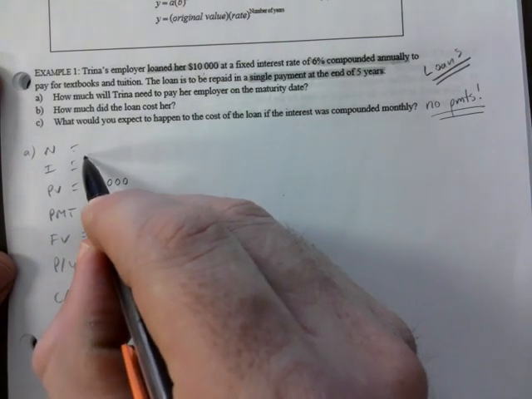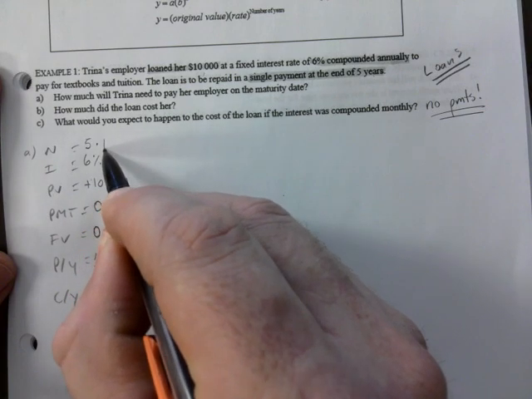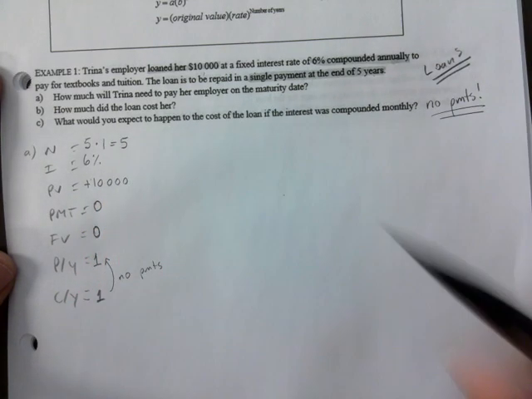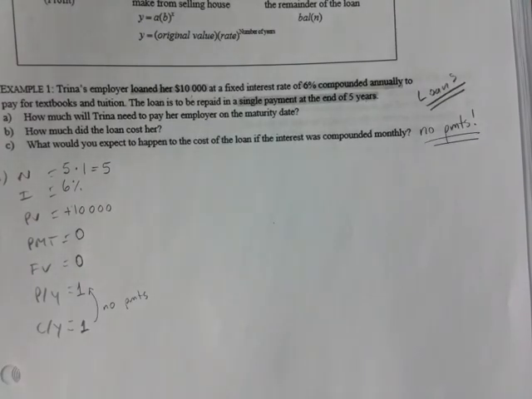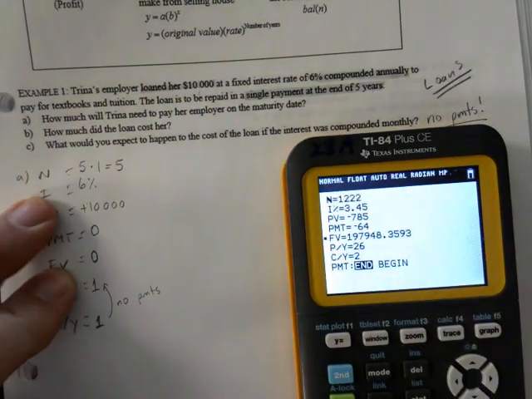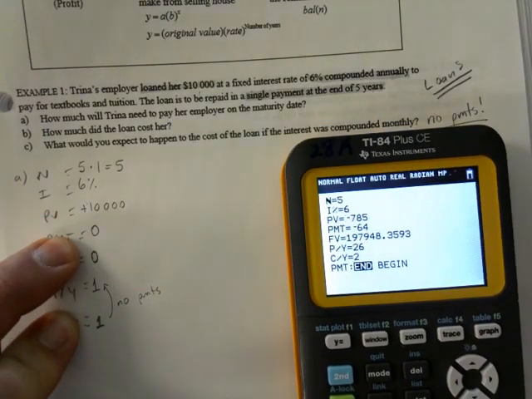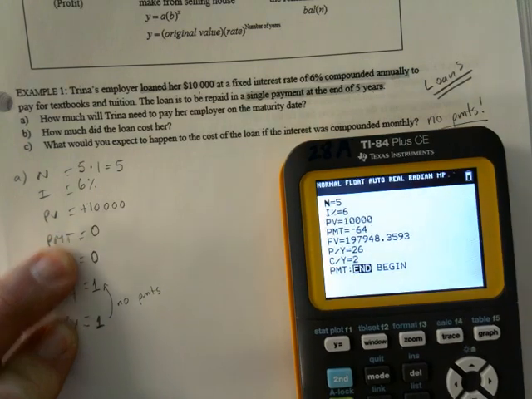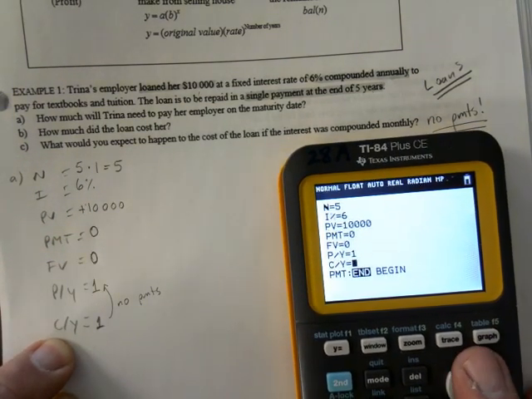The interest rate is 6%, and this is over 5 years times PY. This just stays 5, no big deal there. So let's calculate that. I actually want to do one with payments yet. So 5, just fill that in.